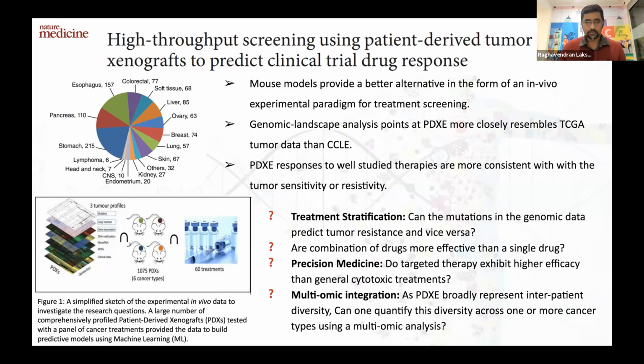So this study concludes from this analysis that the mouse models provide a better alternative compared to the cell lines which were traditionally used, because cell lines are often affected by the petri dishes they are grown on, and heterogeneity is one of the biggest problems in cell line data so far.